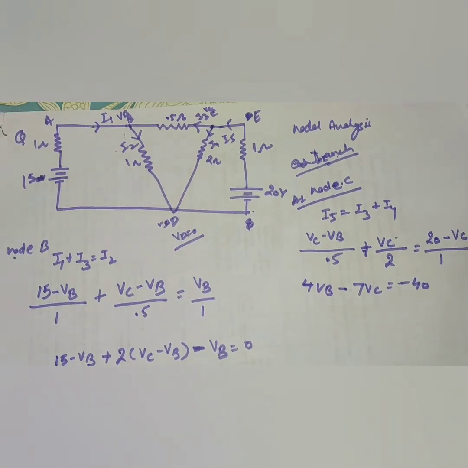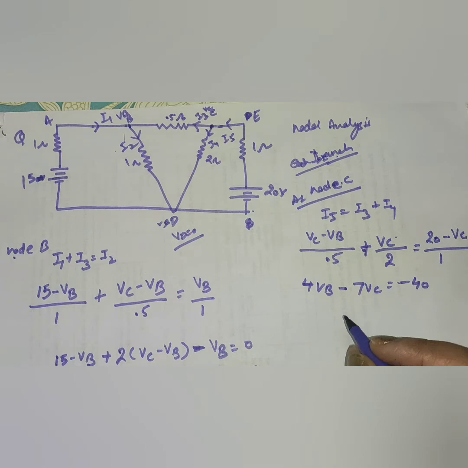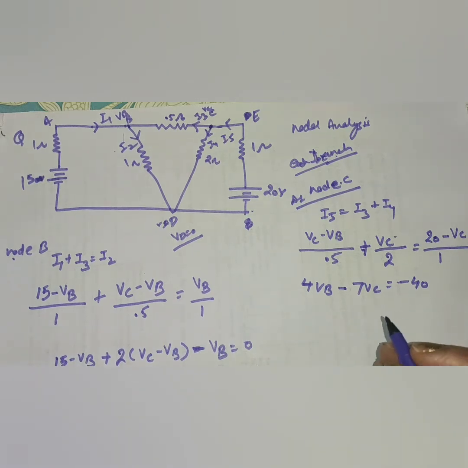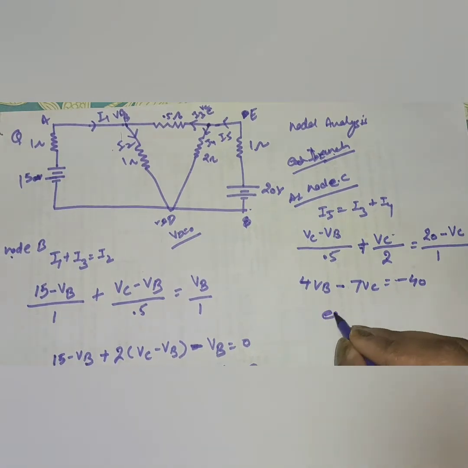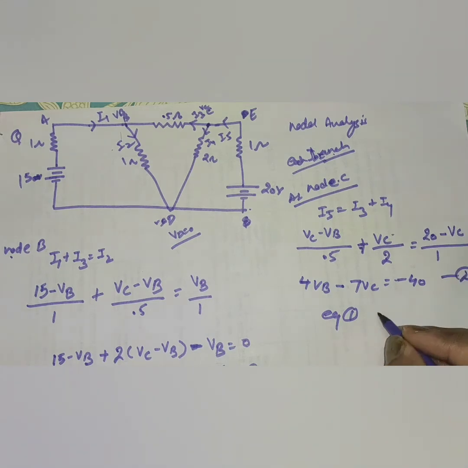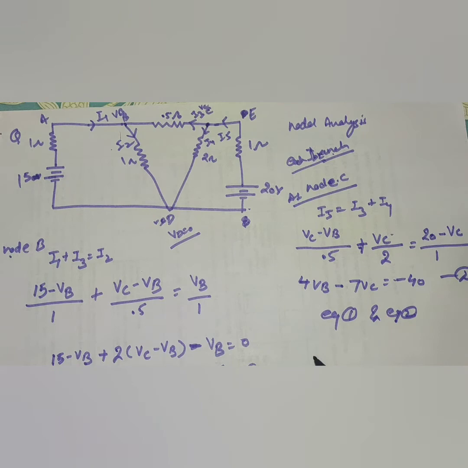Now you have to solve equation 1 and equation 2. If you solve all the equations, you get VC equal to 11 volt and VB equal to 9.25 volt.